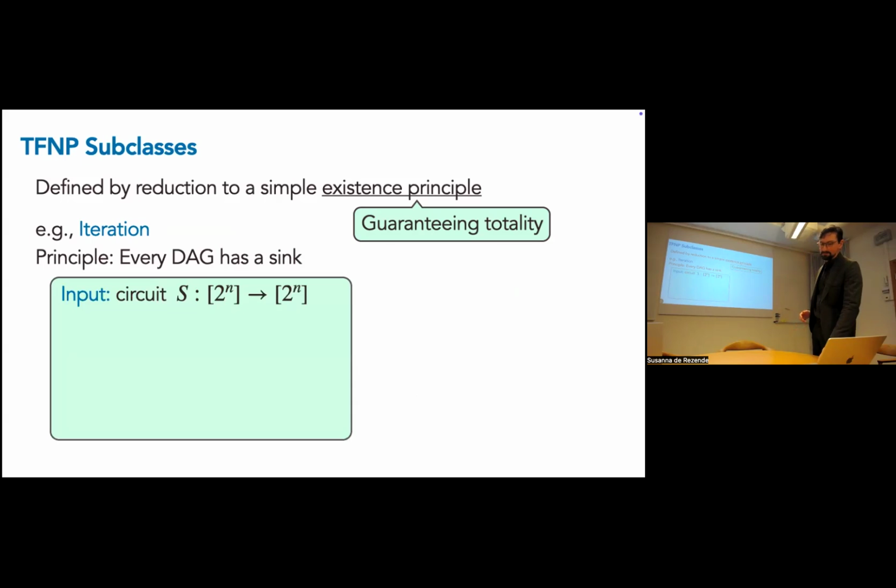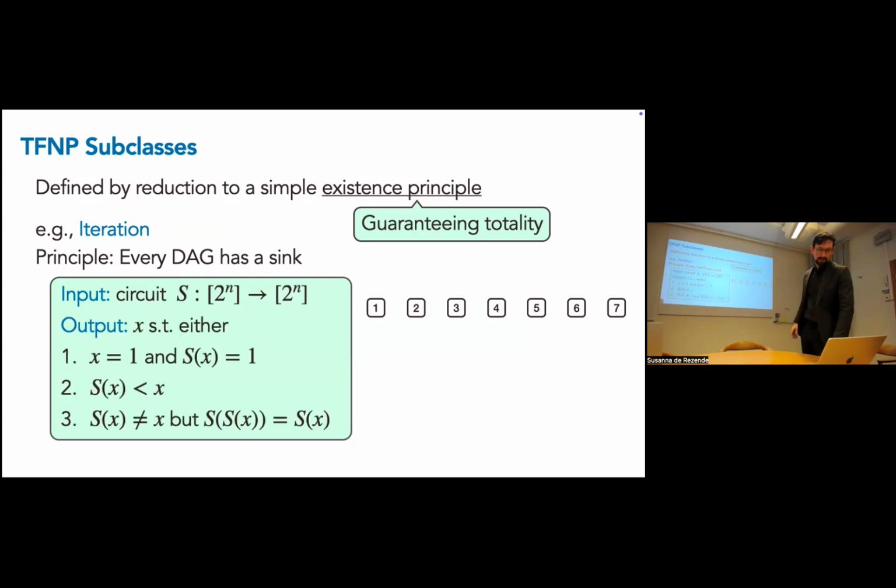So you're given as input a circuit. Essentially, it's going to define a path in a DAG. That's how you should think about it. So the input has 2 to the n vertices. You should think of the domain of the circuit as being vertices in a graph, and the circuit defines edges.